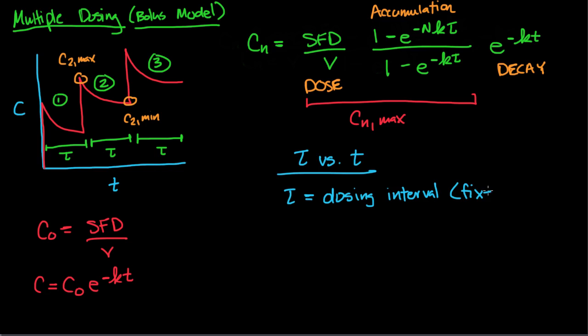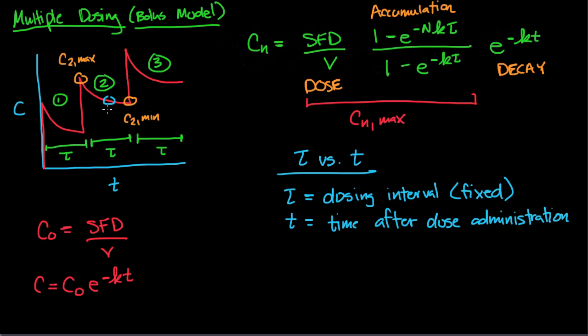T is going to be the time after dose administration, so it would be someplace along the curve for a given interval. For example, we could say that we are dealing with what is the concentration at this time t. This time t is after the second dose is administered.